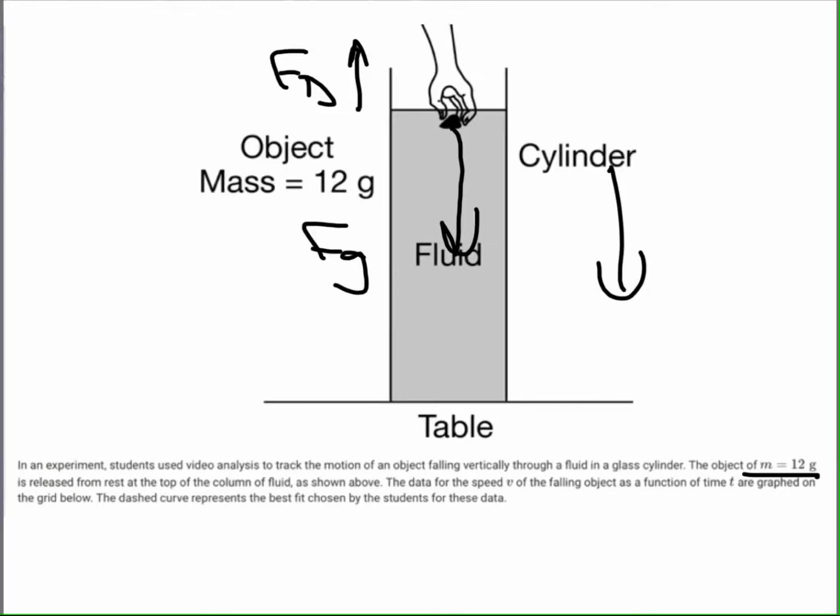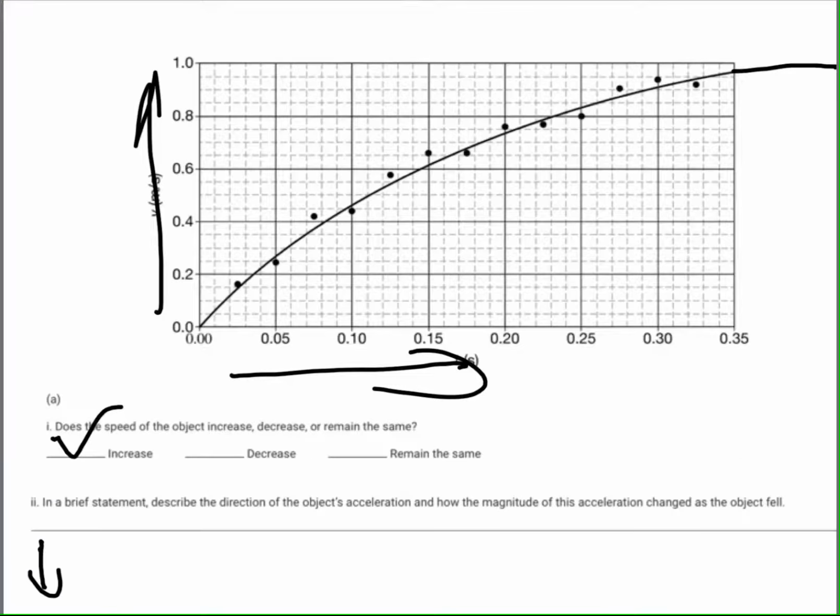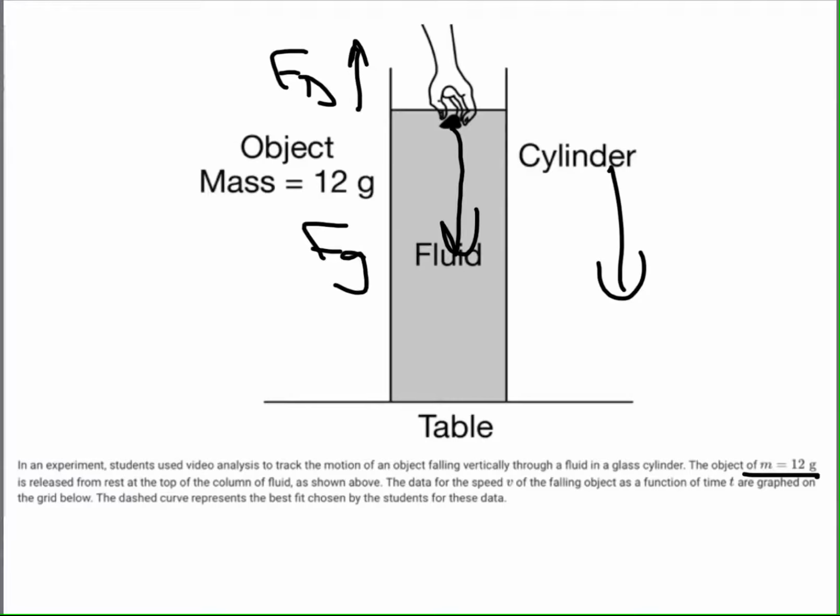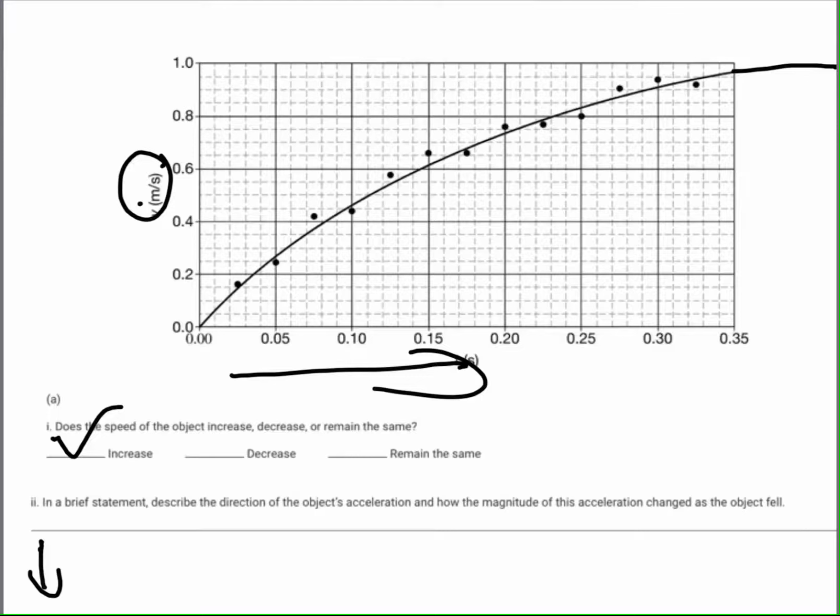It's moving downwards, and even though this is an absolute value function, it's getting faster and faster in the negative direction. So the acceleration is negative or downward, depending on how you want to write it. Both would be acceptable according to the key.